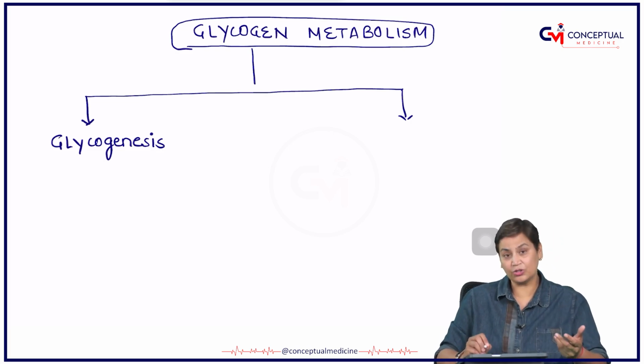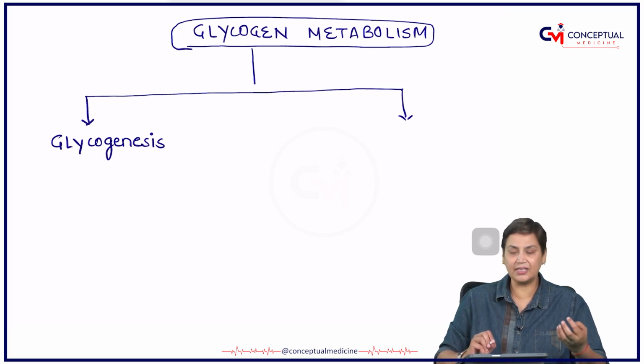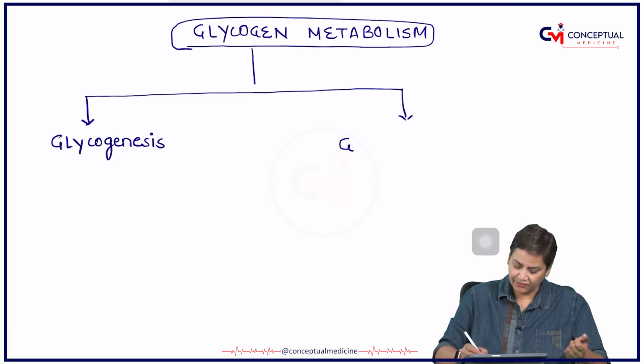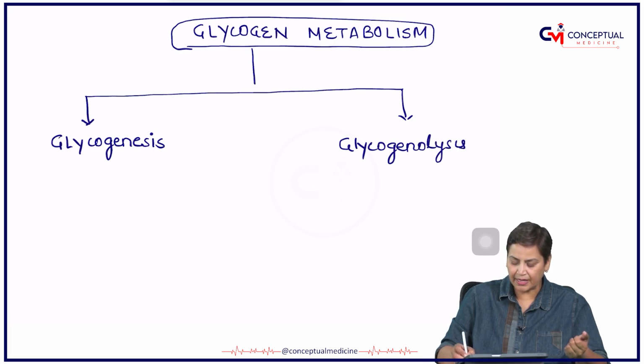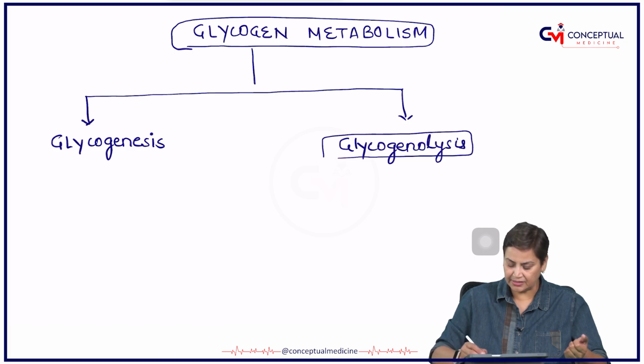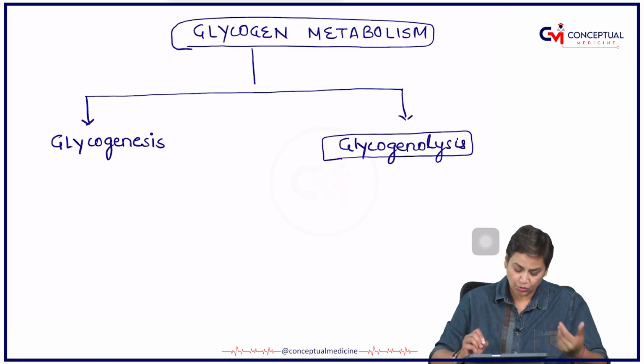Another is the antagonistic process, because obviously for one process there has to be an antagonistic process. This is actually the beauty of the body. So the reverse, antagonistic process of glycogenesis is glycogenolysis. Again, you should know the basic concept of lysis and genesis, which I have been discussing so many times in my other videos.